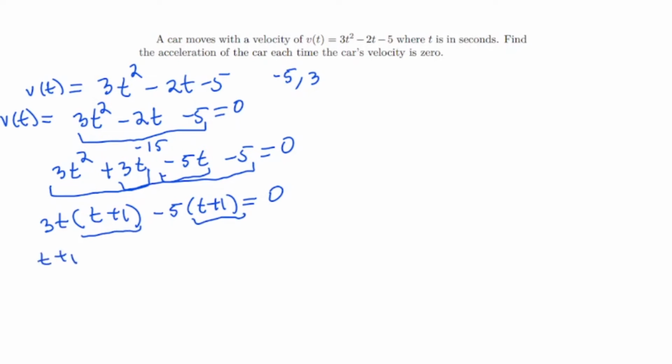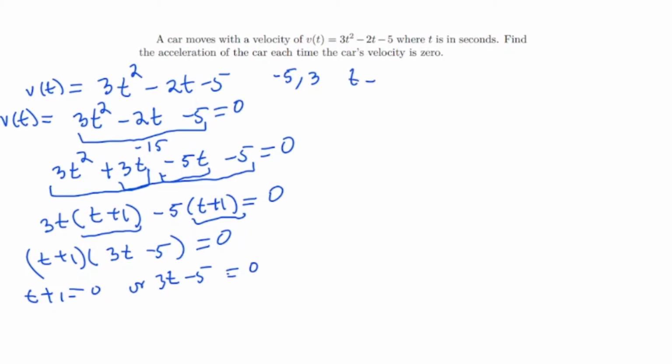What we have left is 3t minus 5, and all of this is equal to 0. That means that t plus 1 equals 0, or 3t minus 5 equals 0. And so from this, we get that t equals negative 1, or that t is equal to 5 over 3.